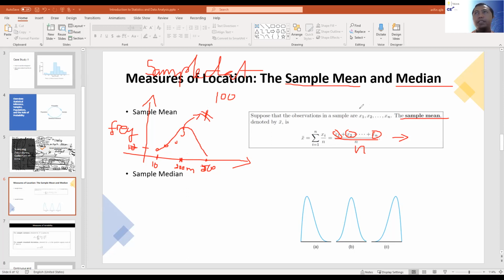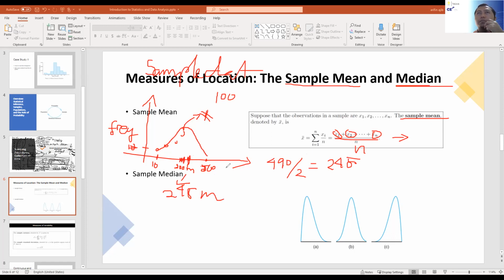Okay, and the median is the center value. Actually, between this point 500 until 10, the difference is 490, divided by 2, it is 245 million. So here 245 million, this is the median.